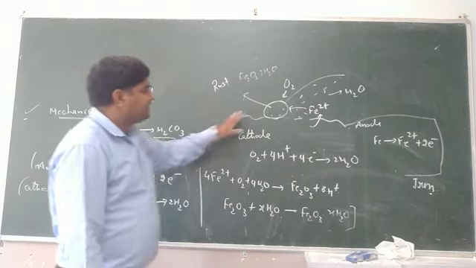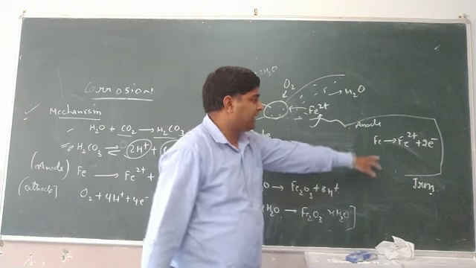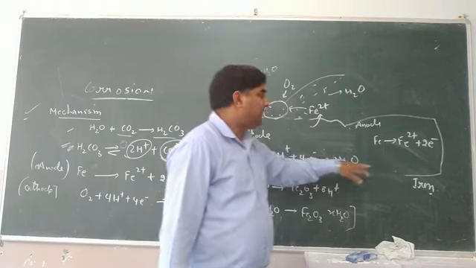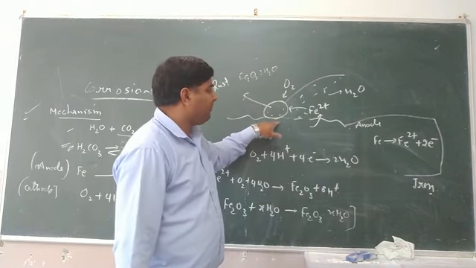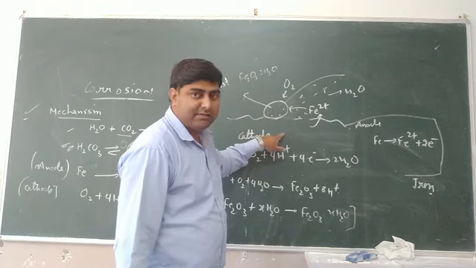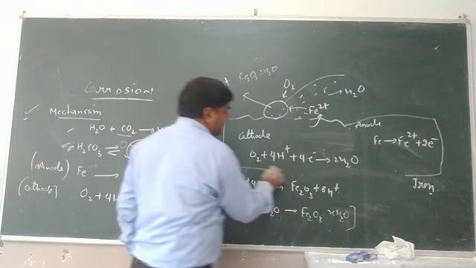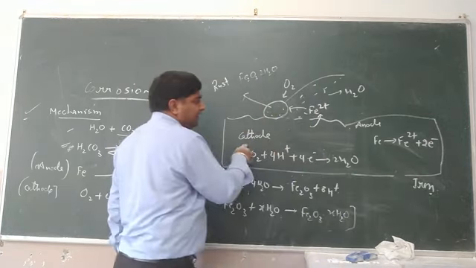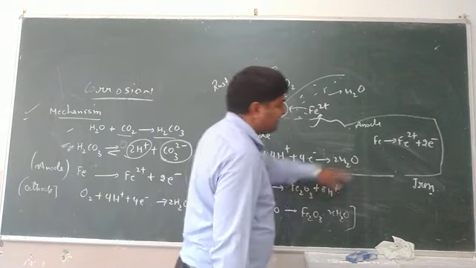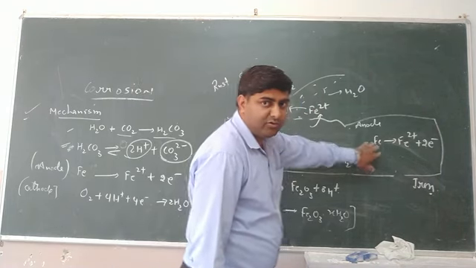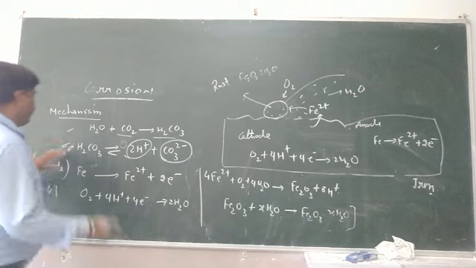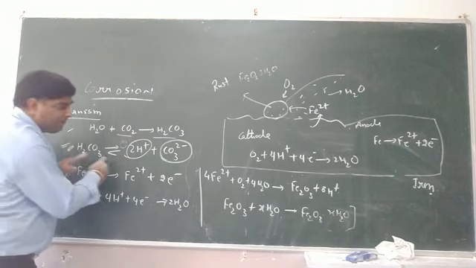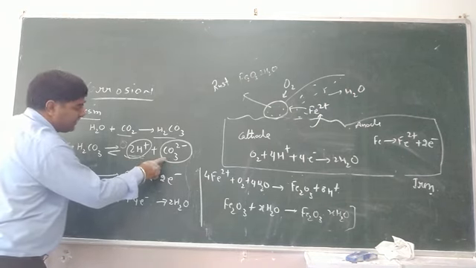You can see this is the surface of iron. On the surface of iron, when we have water droplets and oxygen, this oxygen acts as the cathode and this iron acts as the anode. So carbonic acid breaks down to form hydrogen ion and carbonate ion.